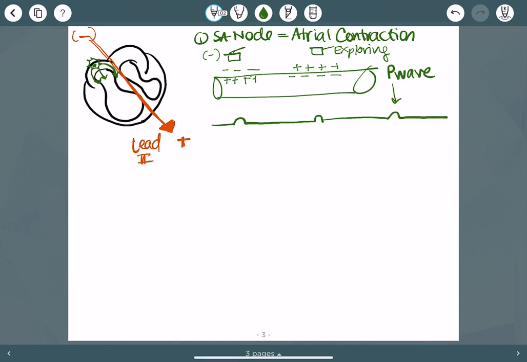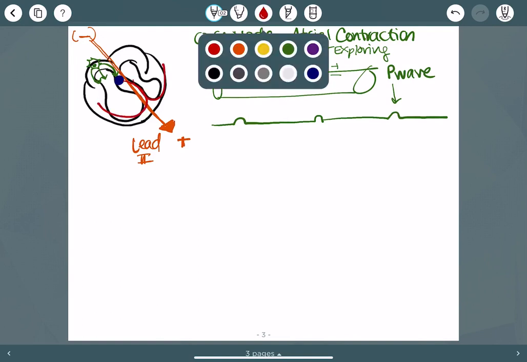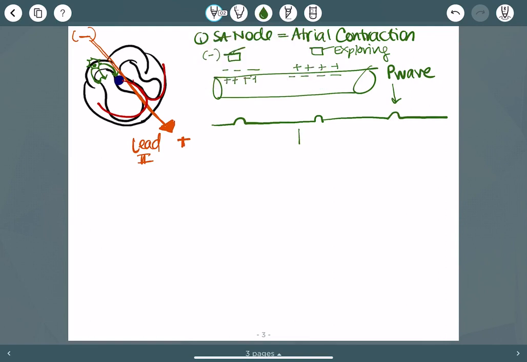What happens next? That wave of depolarization goes through the atria and it hits the AV node. The AV node is going to cause that slight delay. And then once it gets through the AV node, it's going to fly through those Purkinje fibers. So if we draw this, let's add in what happens after. So we have a P wave.